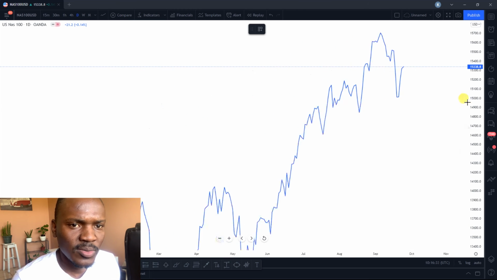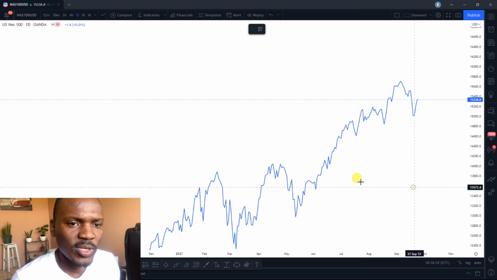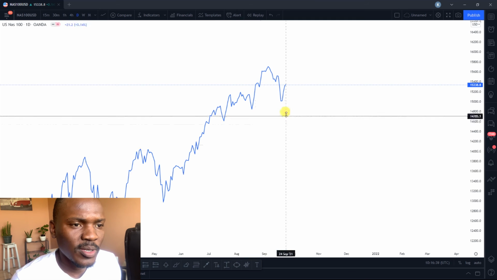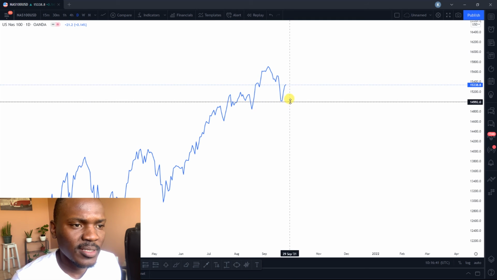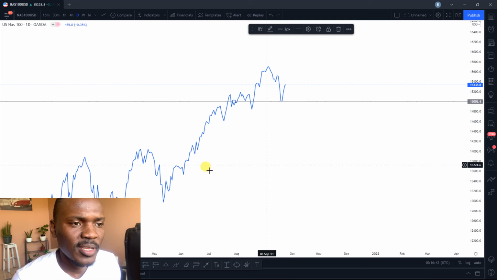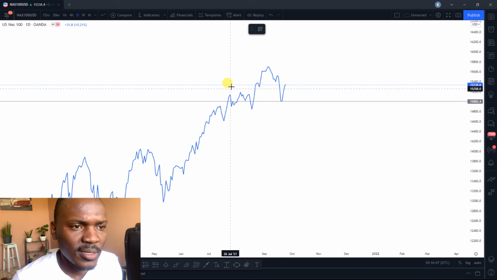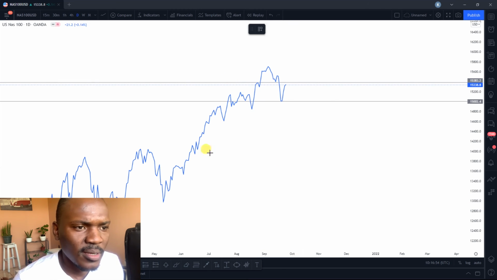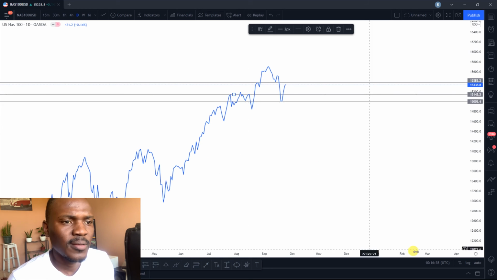Let me just try to zoom this out. Okay, and we're gonna be on a relevant market. I'm seeing a support and resistance here. I'm seeing another, let's say this here, another support and resistance, and then I see another resistance here, right?